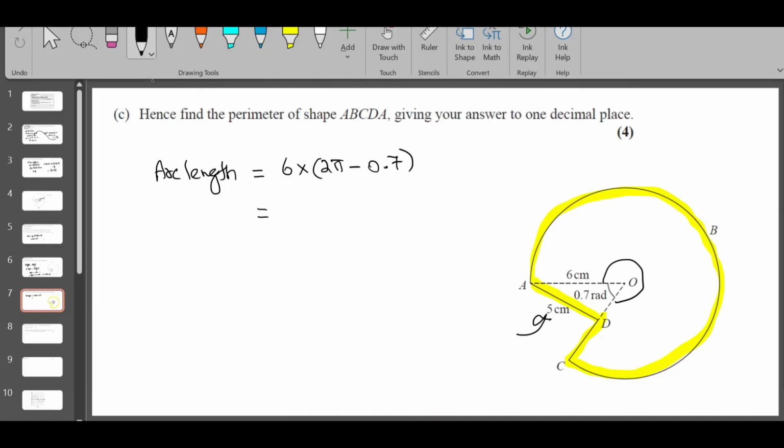And we know AD. We need to find CD. We know the total length is the radius 6, right? So if we know this little length here, OD, we can subtract it from 6. So how to find OD? We know this angle, we just calculated this angle also, so we can find the third angle. You see how I am using the sine rule, because I'm going to use this angle and its opposite side.